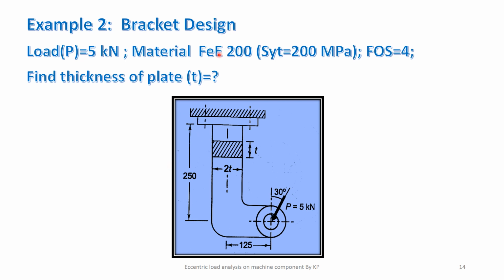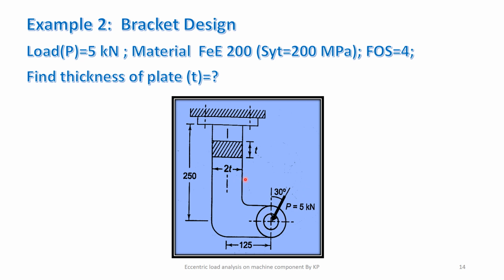If you see the cross section of this bracket, the cross section is a rectangle whose width is 2t and thickness is t. The material is FEE 200 whose yield strength is 200 megapascal, and the factor of safety is taken as 4 in this problem. So we have to find the thickness of the plate. Once we find the thickness, we can find the dimensions of the cross section.